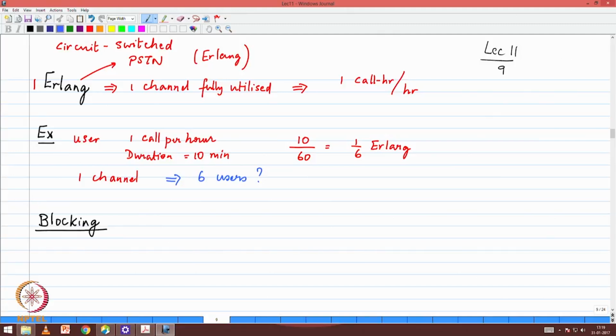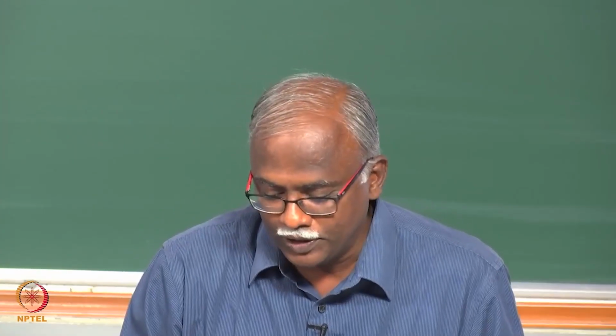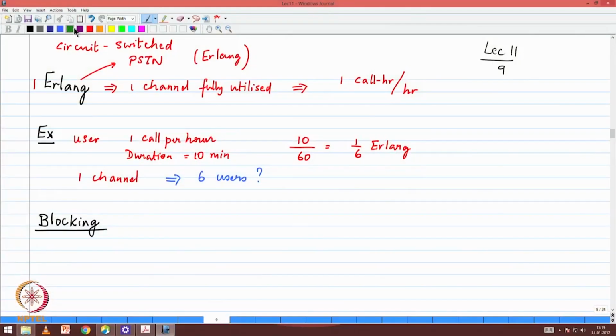When one finishes, somebody else starts using the channel. But if they are random users, they will make their calls at random times, and this will not work. Basically, this is a scenario that will end up with a lot of blocking situations. So that is the problem that Erlang analyzed. Now, given a particular number of channels, and given a certain amount of traffic being generated by these users, how much statistical multiplexing can I assume, therefore, to give reasonable amounts of performance?